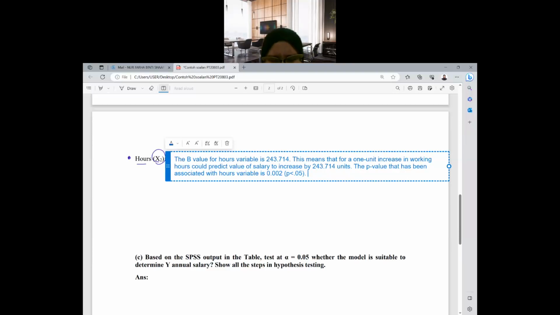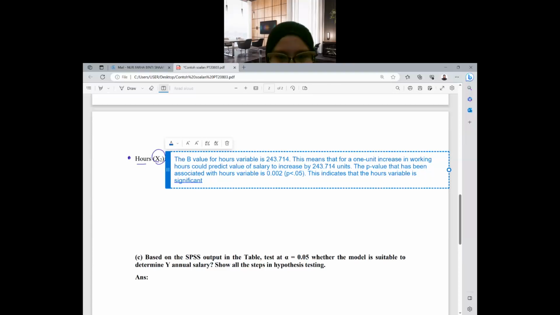So there is significance for the hours variable. So this indicates that the hours variable is significant.